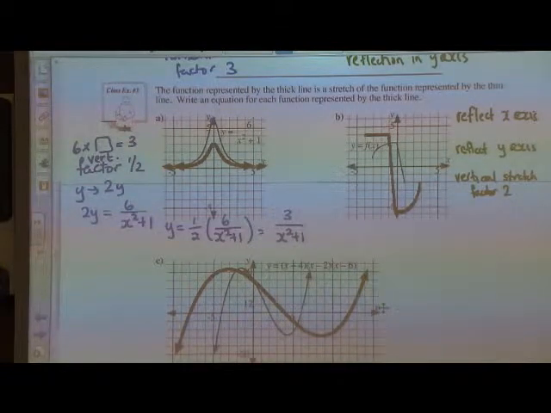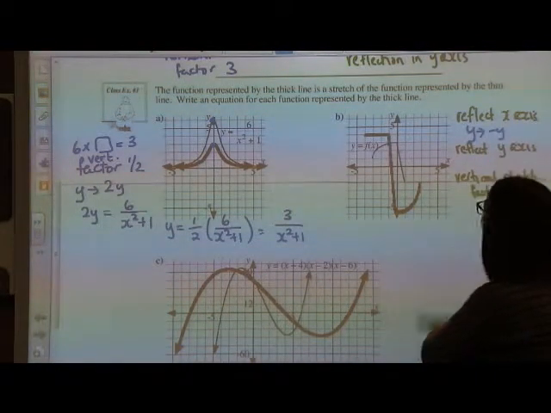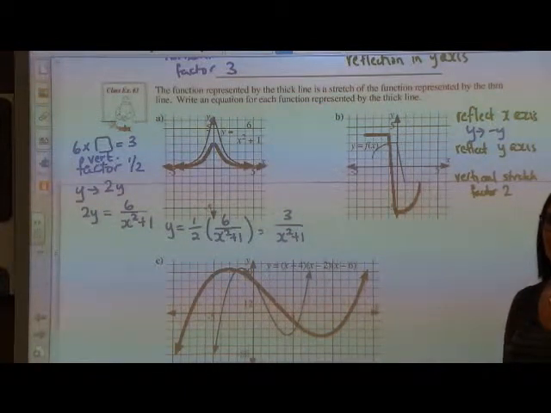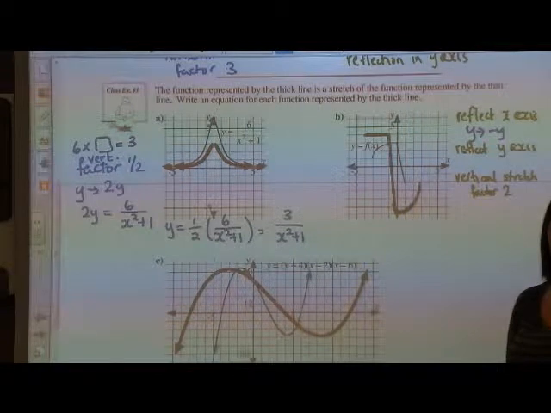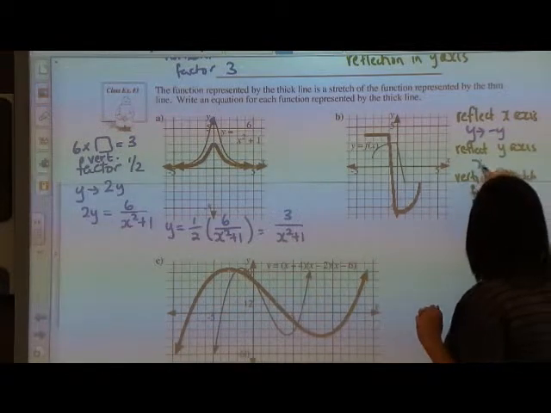If I reflect in the x-axis, what's my replacement? If I replace in the y-axis, what's my replacement? x with a negative x.